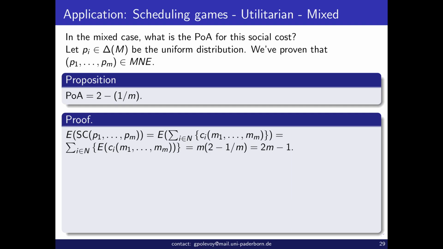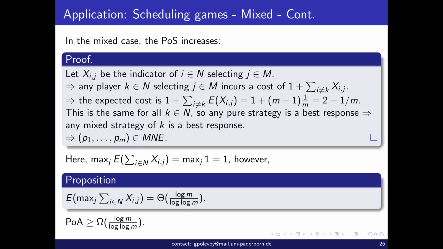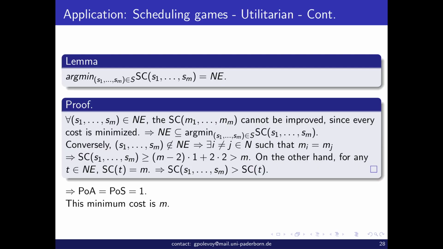We already calculated before the expected cost in that case, and that's 2 minus 1 over m. We can go back and see the expected cost in this case is 2 minus 1 over m.